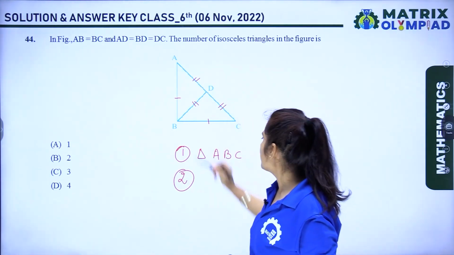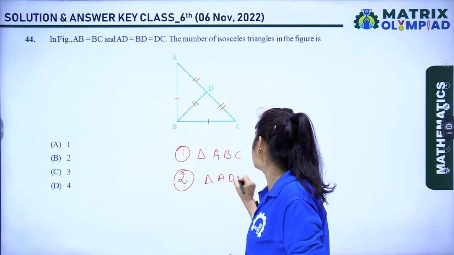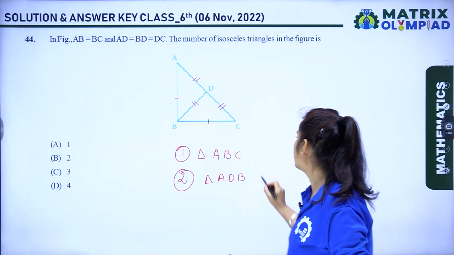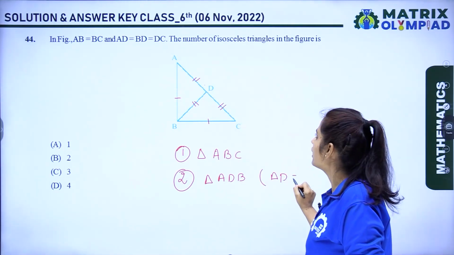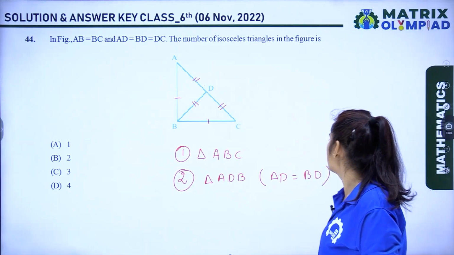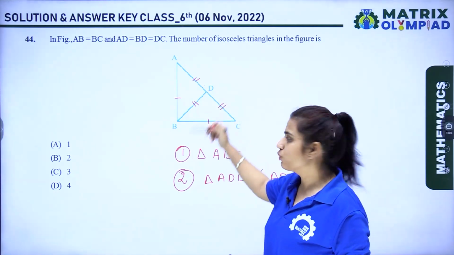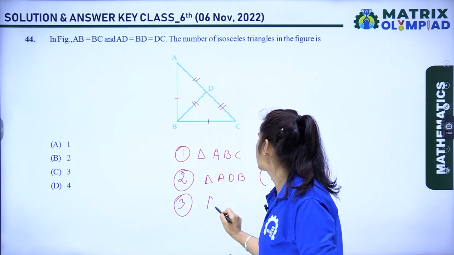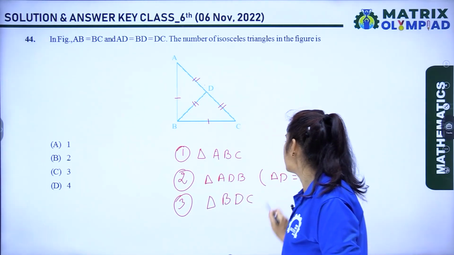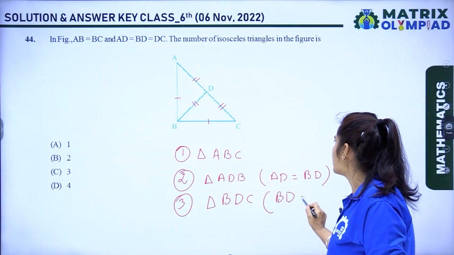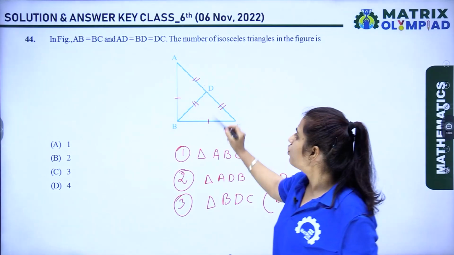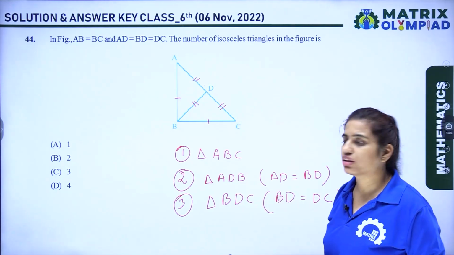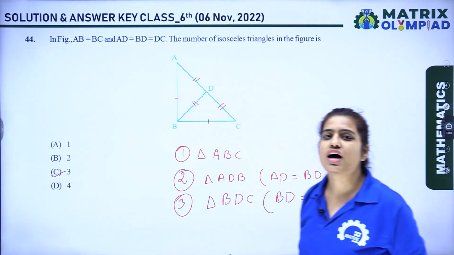Triangle ADB is an isosceles triangle because AD is equal to BD, given in the question. So here also two sides are equal. Next, the third isosceles triangle is triangle BDC. Here side BD is equal to DC. So we get three isosceles triangles in the given figure. So option C is the correct answer.